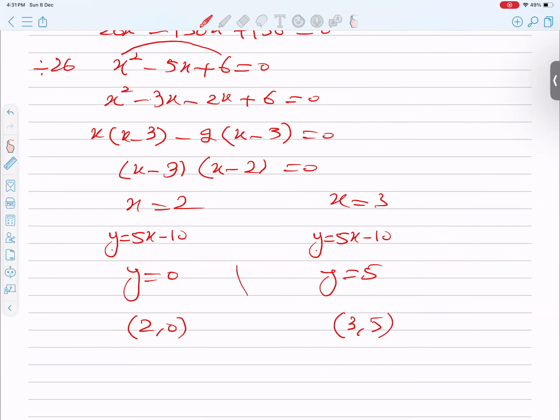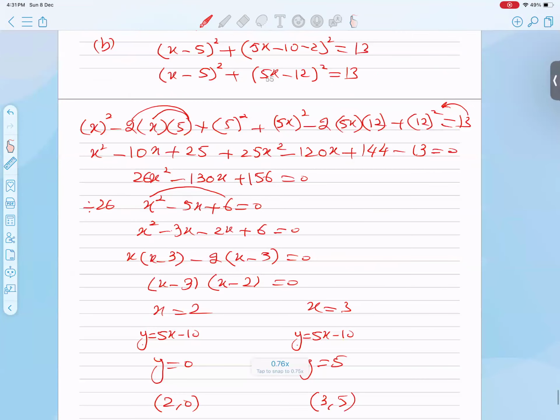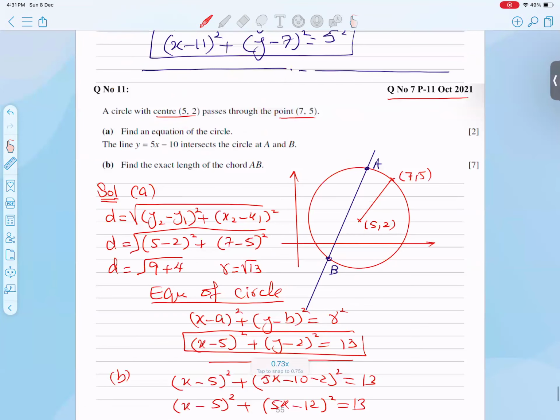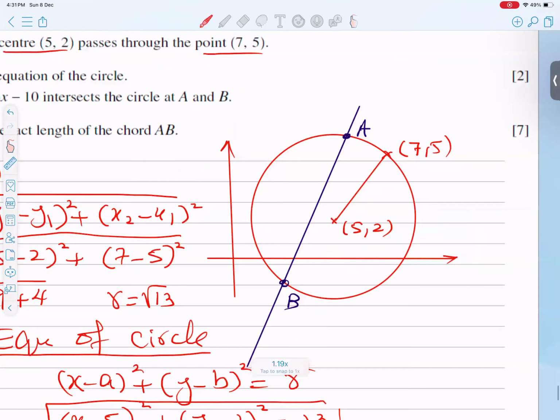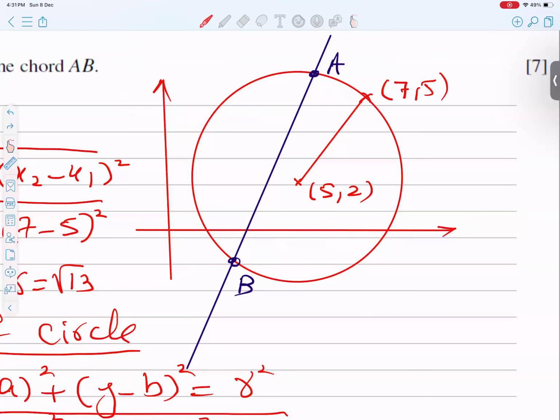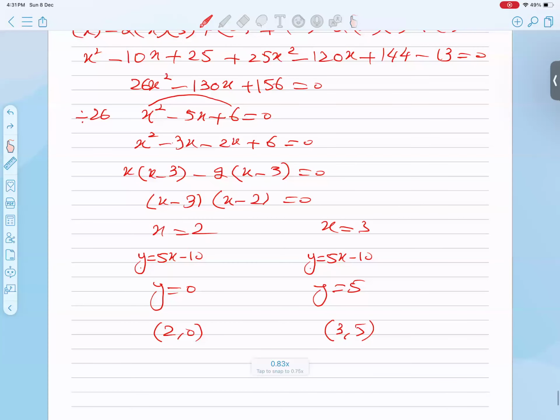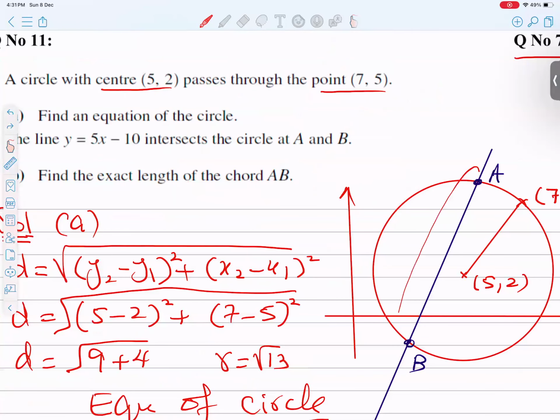It means my diagram is slightly off, this line cuts here, because I said before it was a rough diagram, so it cuts at 0. But anyway, this is a sketch only. And what is the end question? The exact length of AB. So I'm looking for the length, so I use again this distance formula with the values we got.